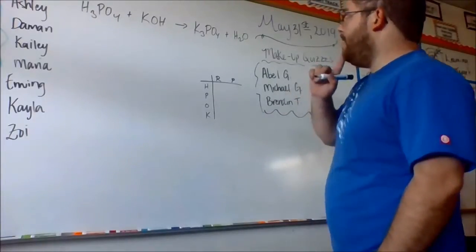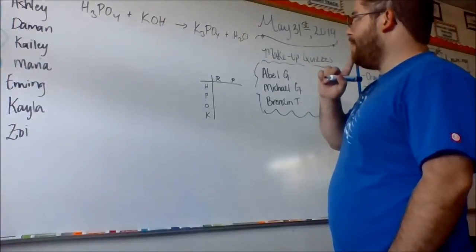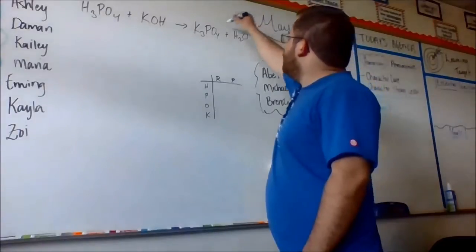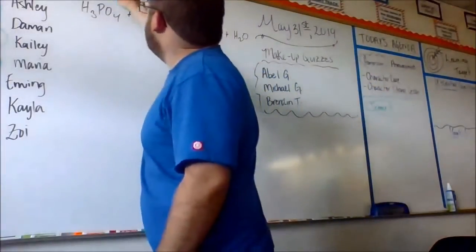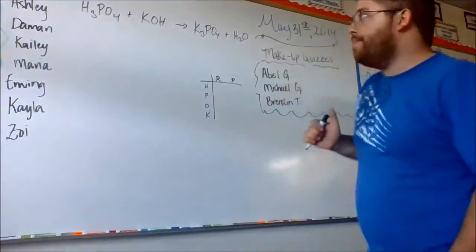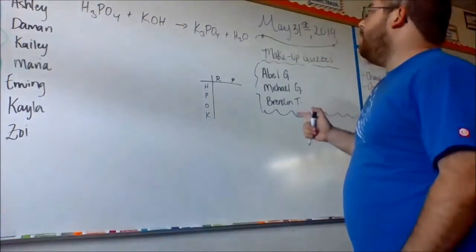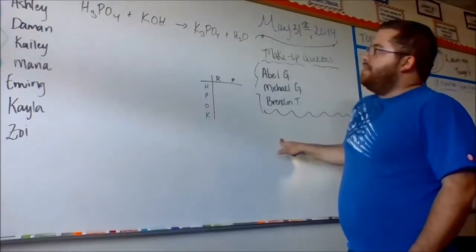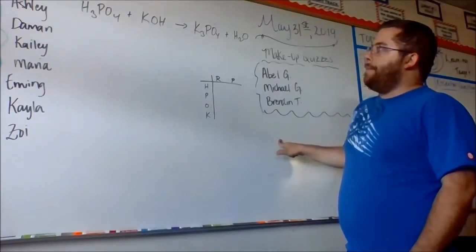Now, one thing that we might want to notice here is that each one of these has an oxygen. So when that happens, it might be best to leave it towards the end.